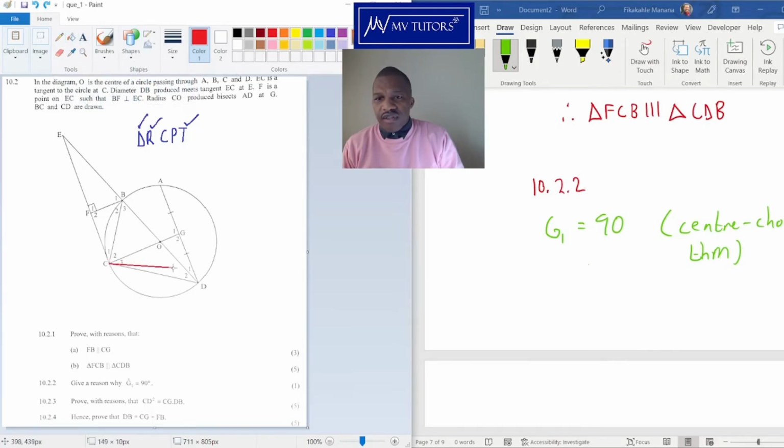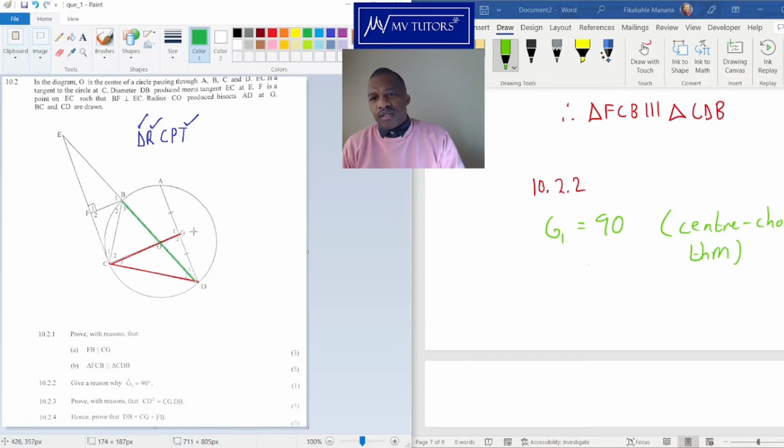CD is over there. Good. And then CG, where's CG? There it is. And then DB. DB is over there. Let me change the color of that one to green.